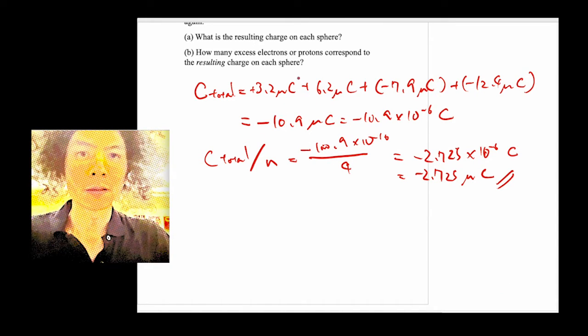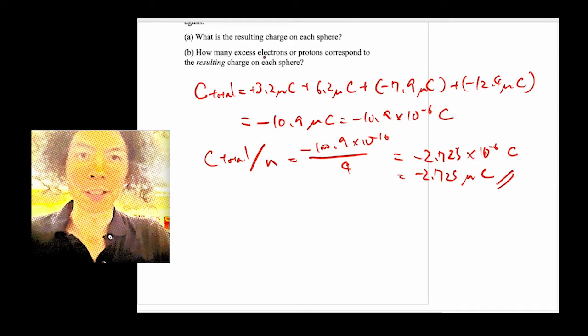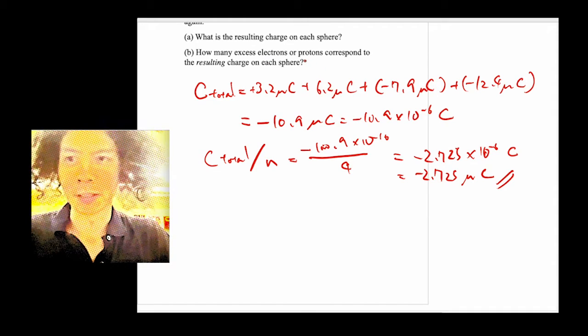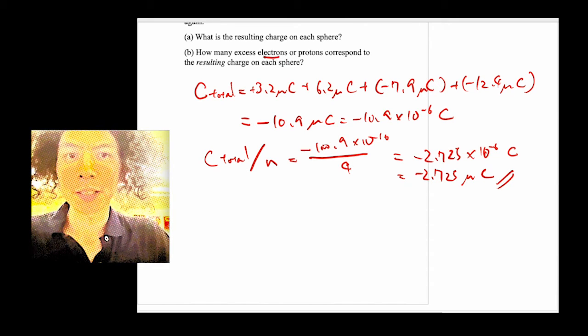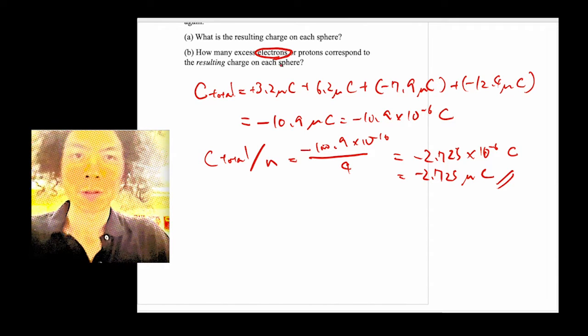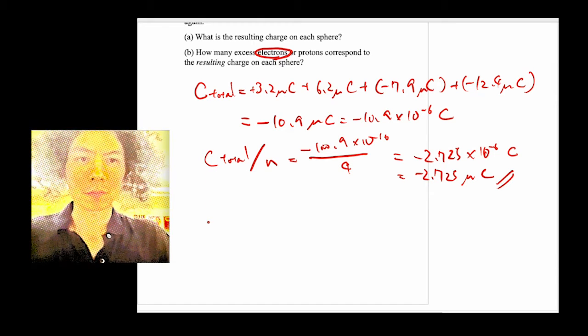And how many excess electrons or protons correspond to the resulting charge of each sphere? Like I said, electrons are negatively charged and protons are positively charged. So in this case, you want to use negatively charged electrons, and you have to know the number.